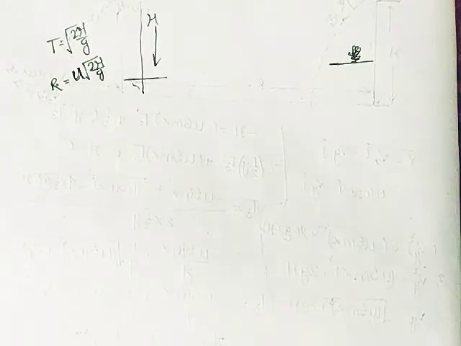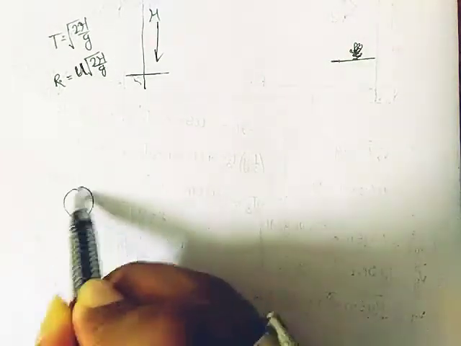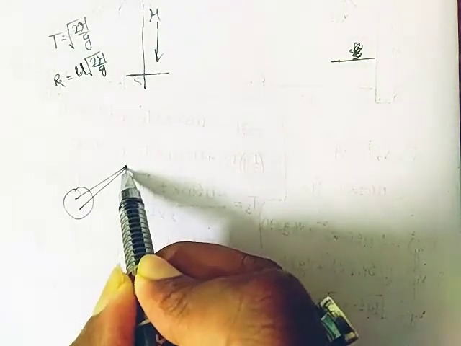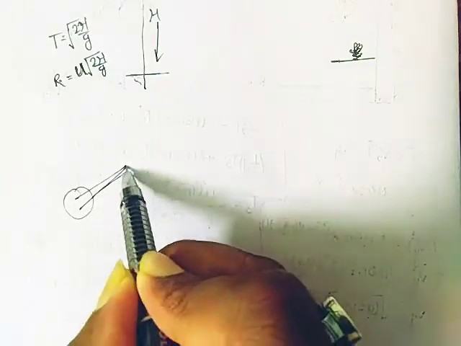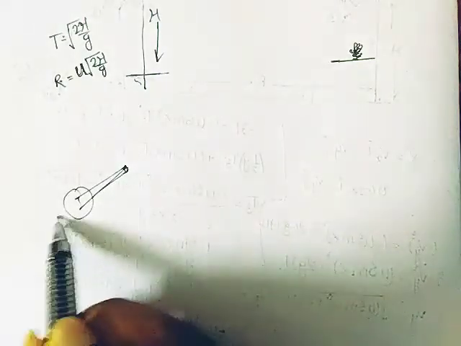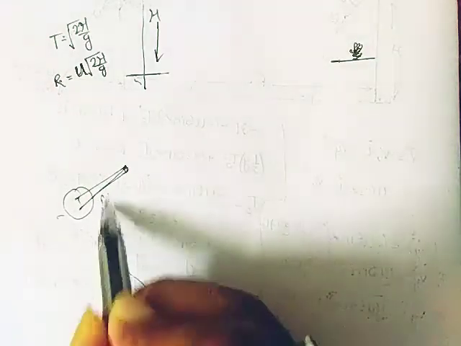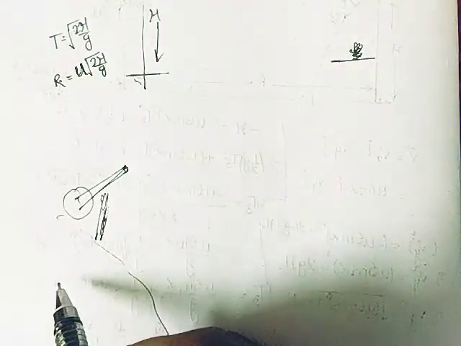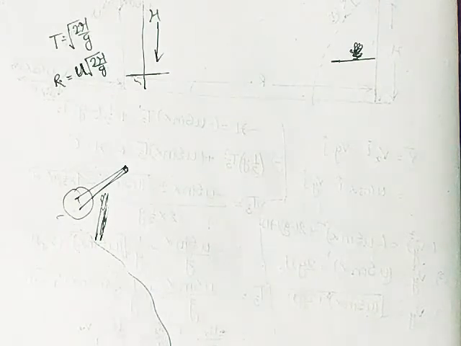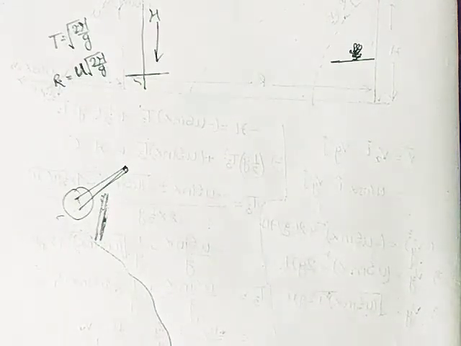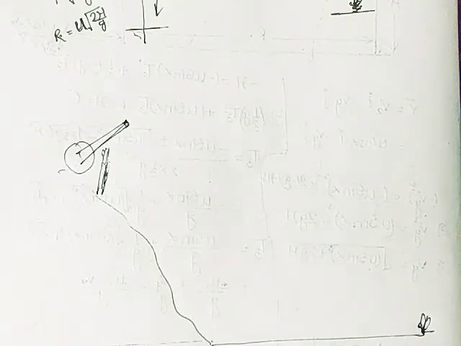Now take another scenario, that it is a cannon. Let us take it is a cannon. It is on this base camp and it is completely hidden by the guard wall. Now it wants to destroy the base camp which is here.